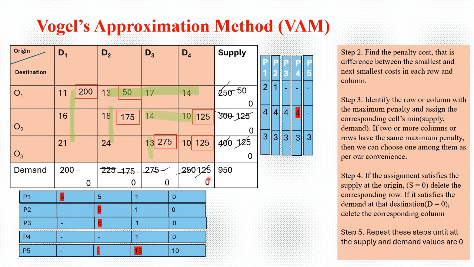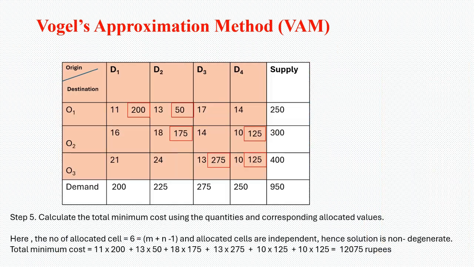Now all the supply and demand values are 0. Next step is to calculate the minimum feasible transportation cost. These are quantities and these are allocated values. Step 5. Calculate the total minimum cost using the quantities and corresponding allocated values.